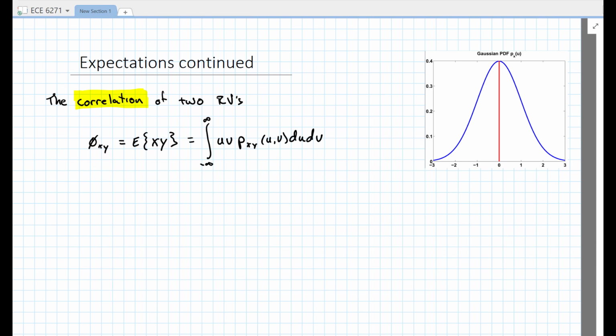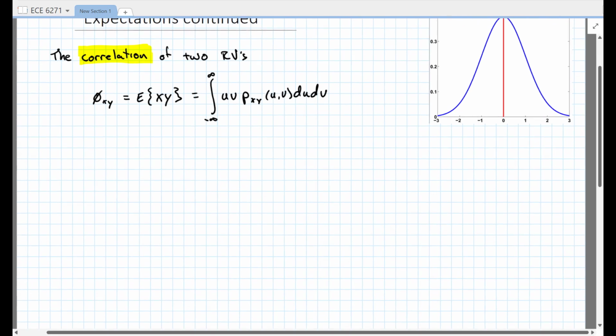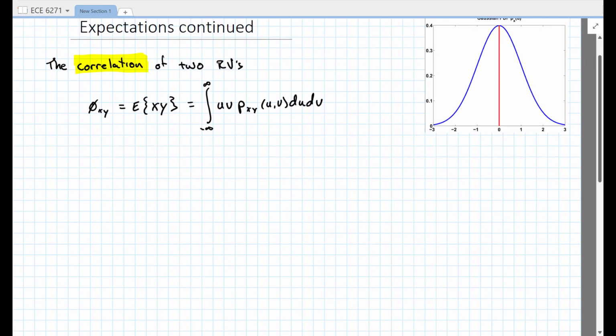So this one doesn't enjoy quite the same simpleness of the expectation or the mean, because in general we can't factor this into two different integrals. We would really like to say that this is equal to the expected value of x times the expected value of y, but in general that's not the case.